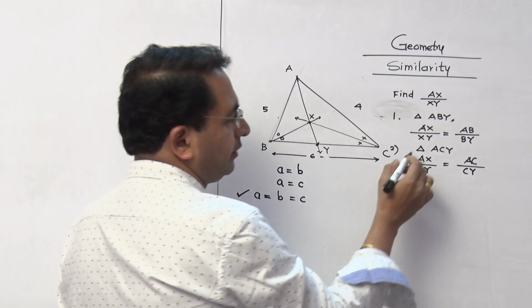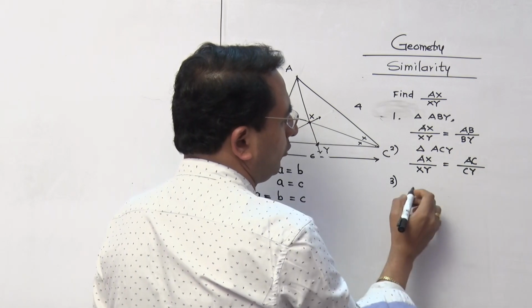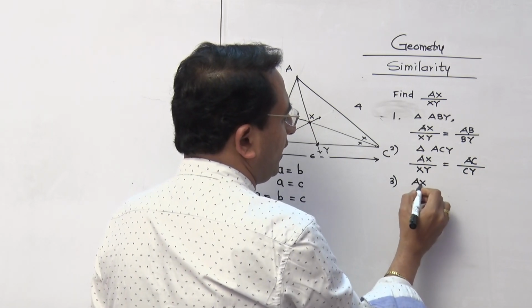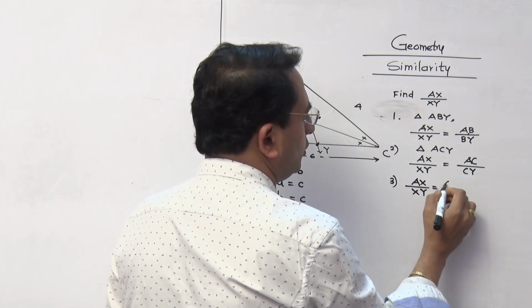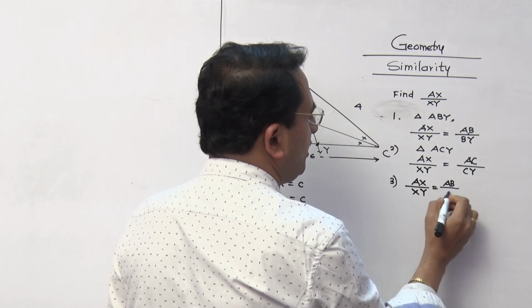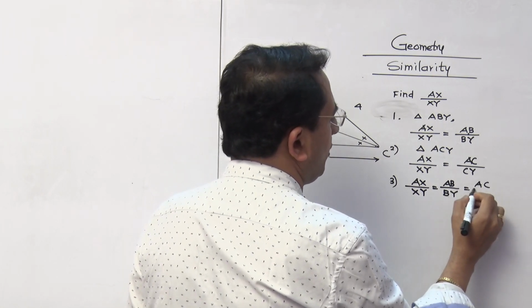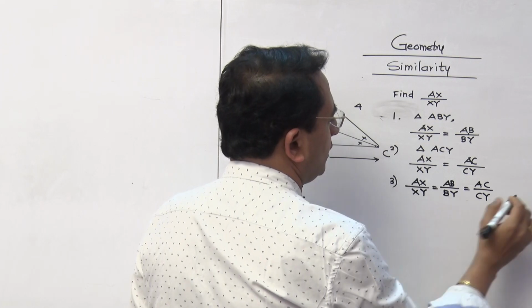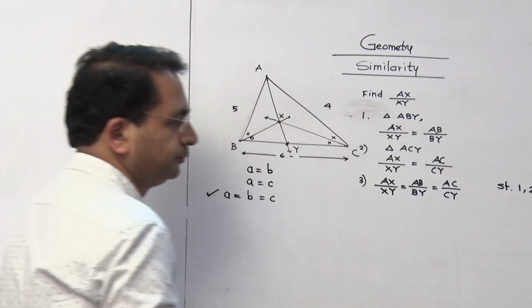So what will I get? The left hand sides are equal, therefore the right hand sides are also equal. So I can write AX upon XY is equal to AB upon BY, that is equal to AC upon CY. The reason you have to write is statement number 1 and 2.